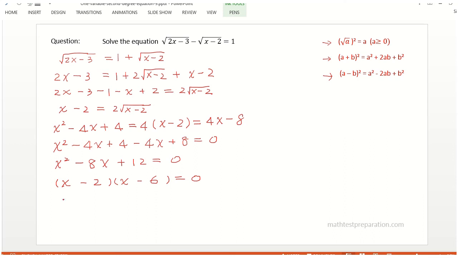When x subtract 2 equals to 0, we have x equals to 2. When x subtract 6 equals to 0, we get x equals to 6.